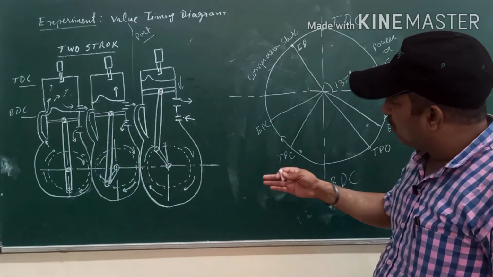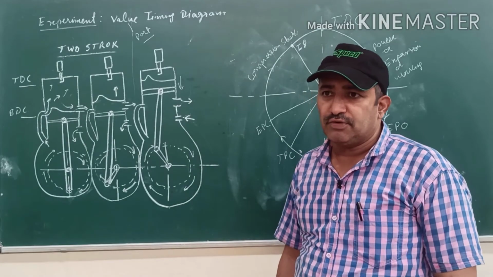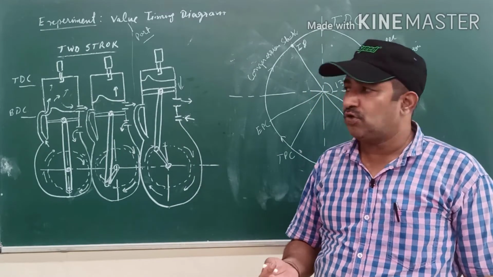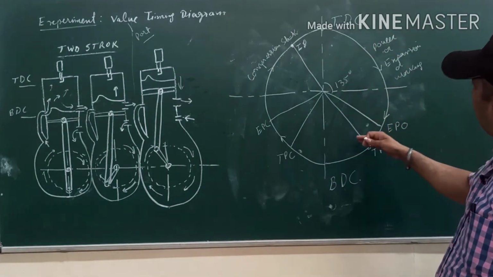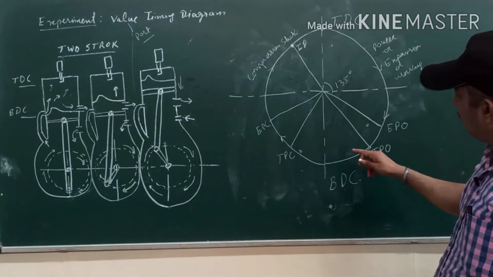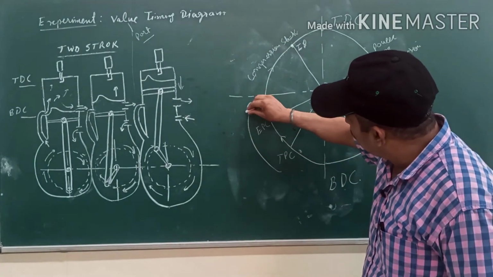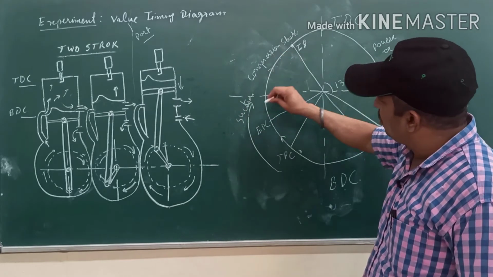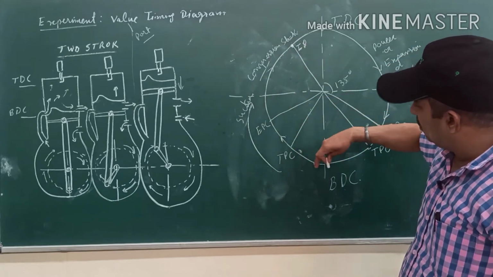In two-stroke, one complete revolution of the crankshaft gives one power stroke. I think you understand that power and exhaust happen in one stroke. Suction as well as compression stroke are in the second stroke.